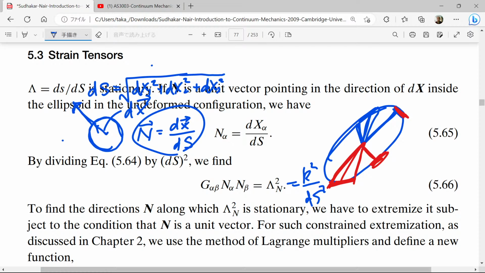To find the direction n along which lambda n squared is stationary, we have to extremize it subject to the condition that n is a unit vector. For such constrained extremization, as discussed in Chapter 2, we use the method of Lagrange multipliers and define a new function.